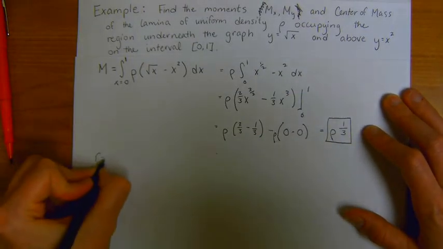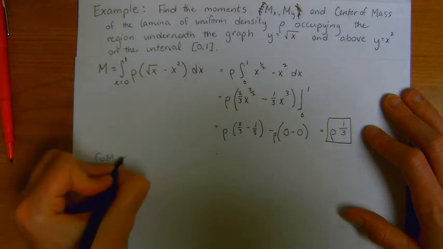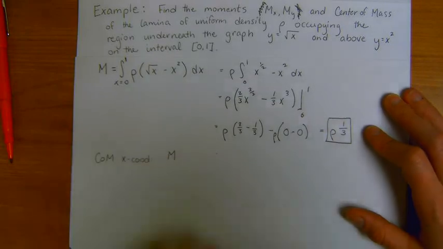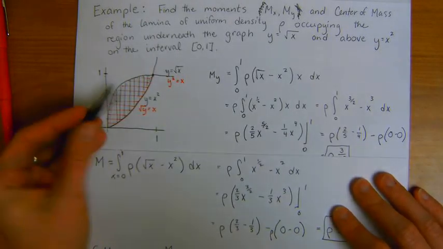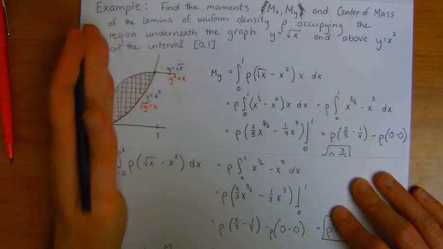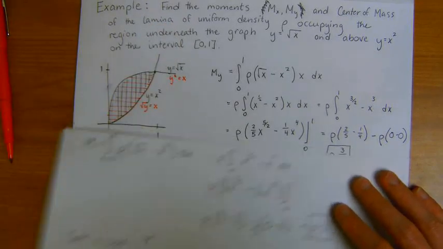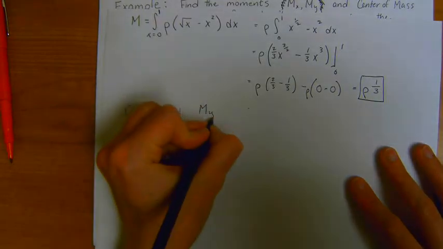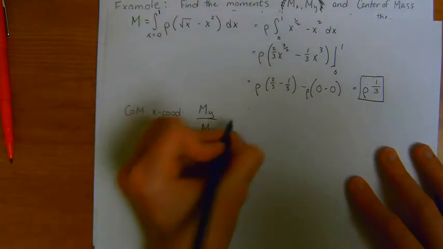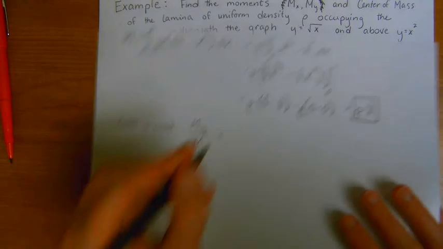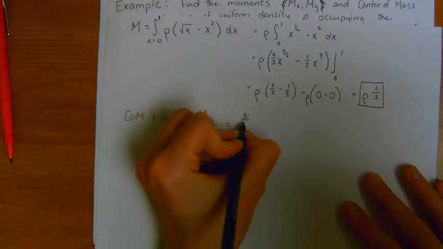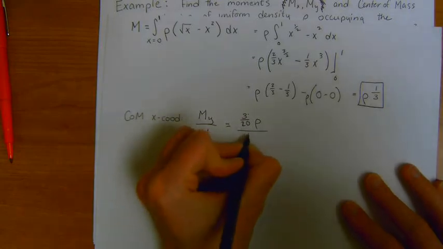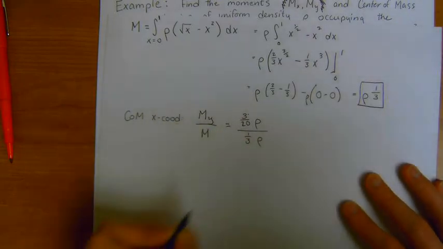Whew! So that means the center of mass for the x coordinate is going to be m sub y divided by m, because m sub y is showing how far over in the x direction it is, which in this case m sub y was 3/20 times rho, divided by 1/3 of rho.